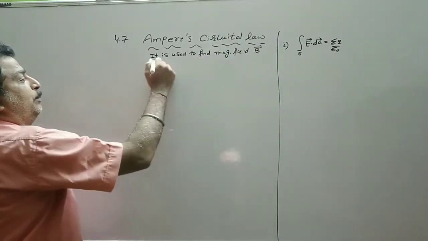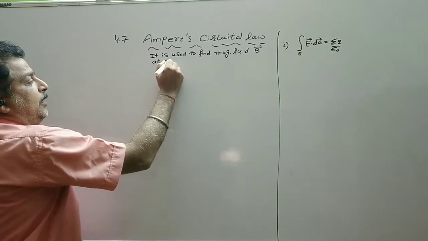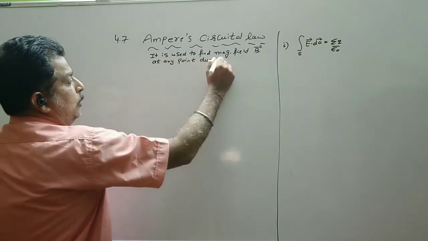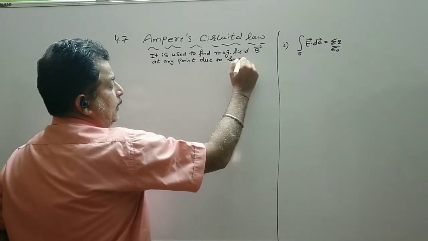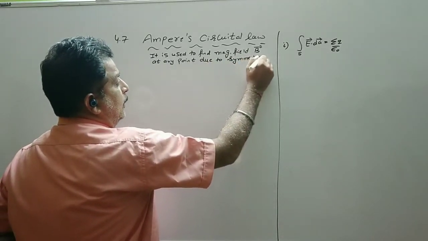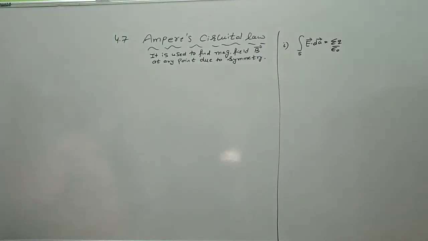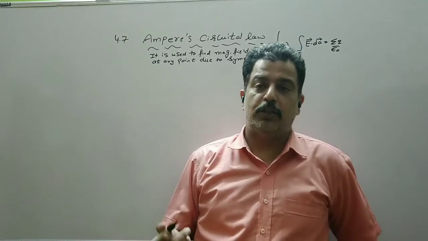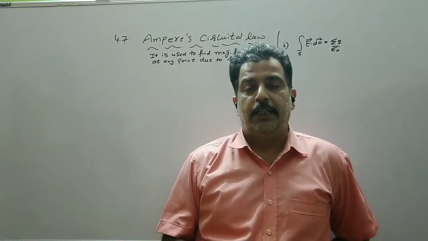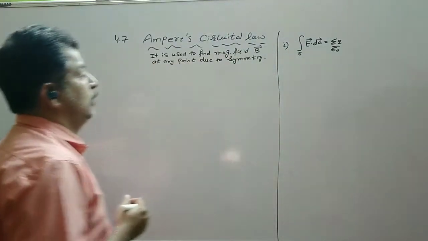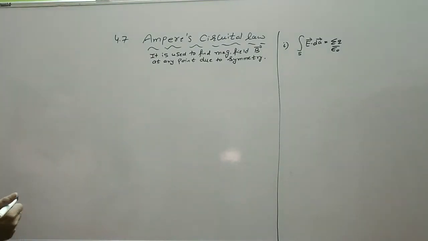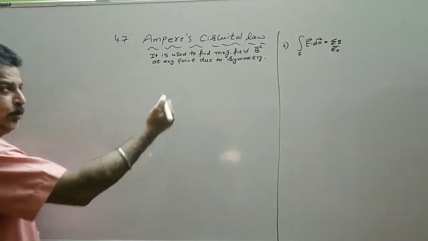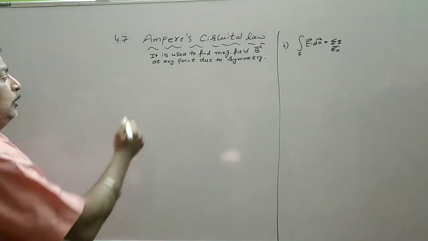It is used to find out magnetic field at any point due to symmetry. We will see what is this symmetry. It is an easier version of a Biot-Savart law. So instead of applying the Biot-Savart law, Ampere law is very easy to find out the magnetic field intensity at any point. Now let us see the basic concept of this Ampere Circuital Law.